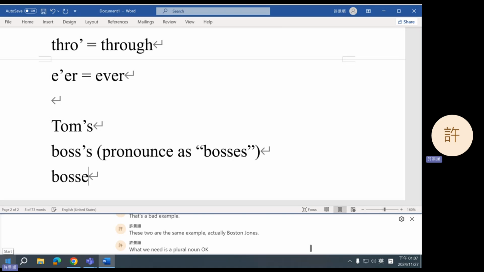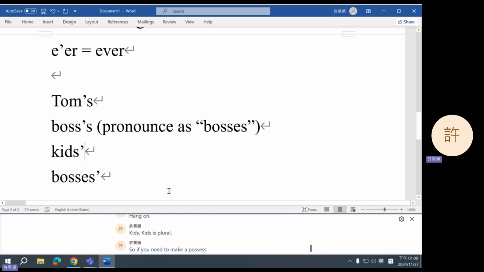Okay, so bosses. Let's say you have, hang on, kids. Kids is plural. So if you need to make a possessive, just add the apostrophe.